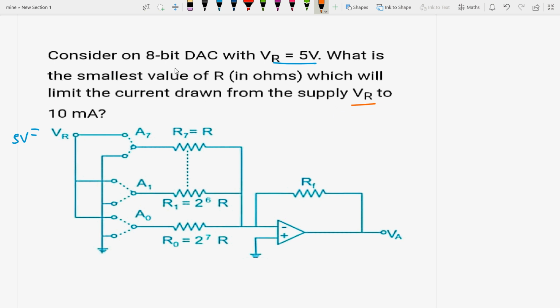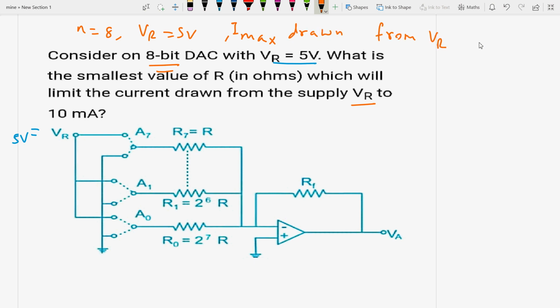So maximum current drawn from VR when input is 1 1 1 1 1 1 1 1, right?